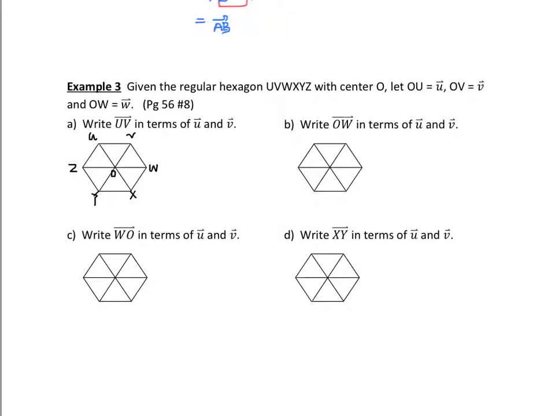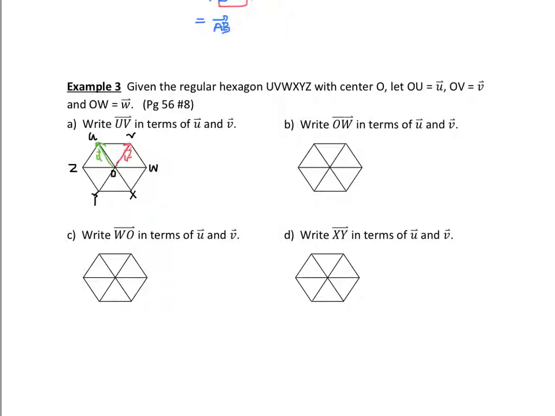Now we have vector u, which is really OU. So here's vector u. And we have vector v, which is OV. And our task is to write UV in terms of those two vectors.